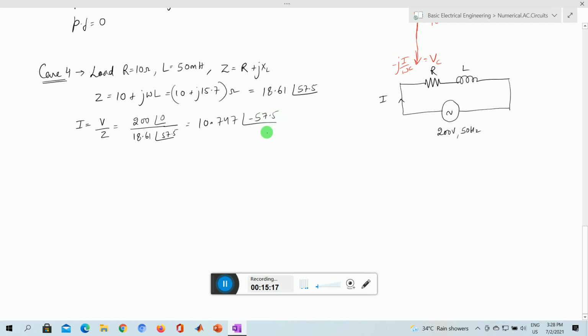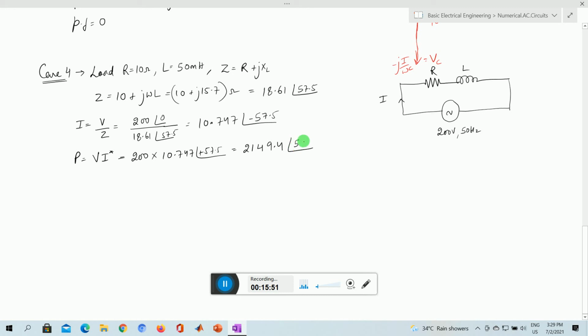Now the power is equal to VI star, which is 200 into 10.747 angle minus 57.5. That comes out to be 2149.4 angle 57.5, positive because I star is the complex conjugate of the current.